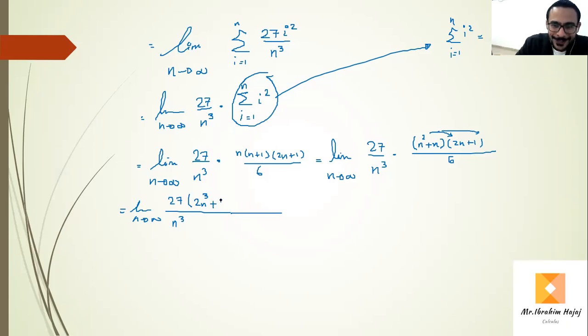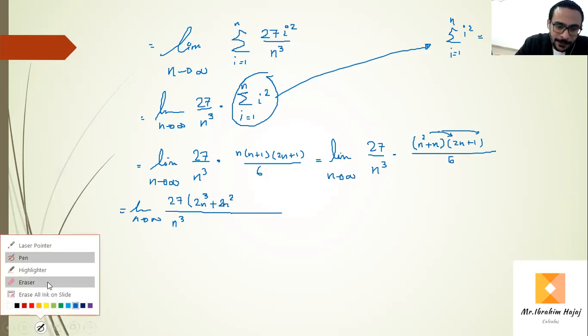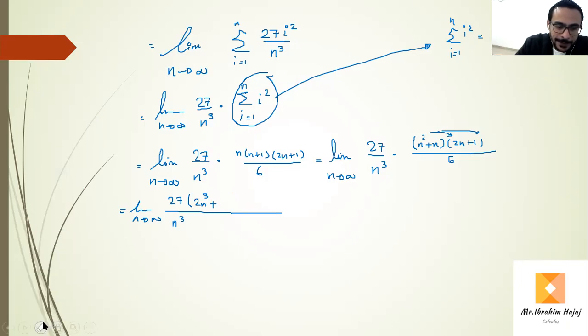We wrote 2n³, plus n², plus 2n², sorry, squared, plus n, all times 1 over 6 here.